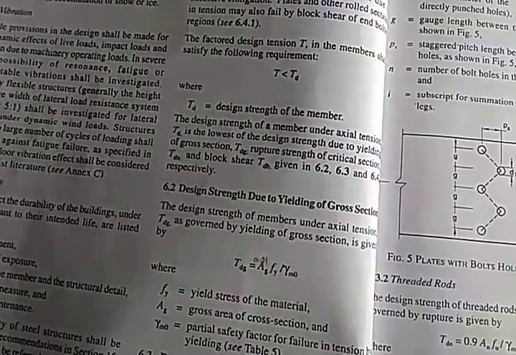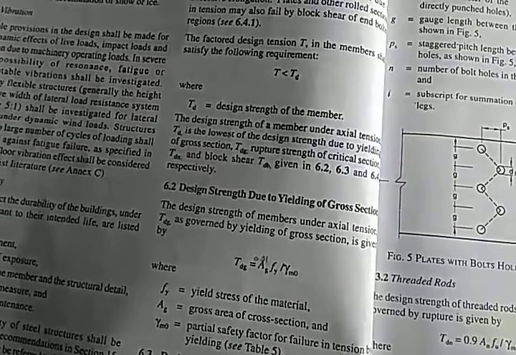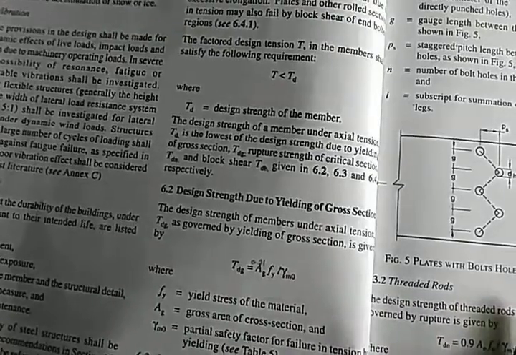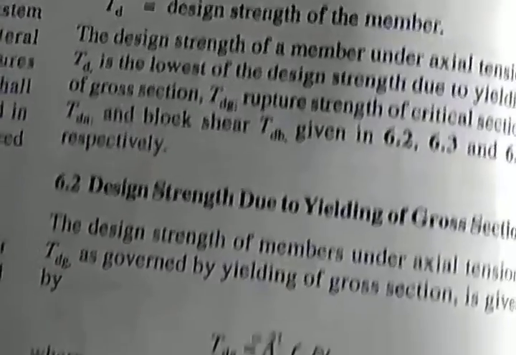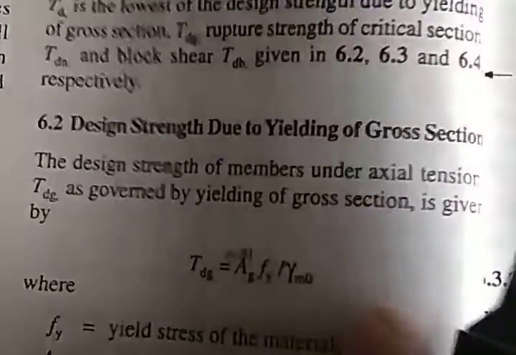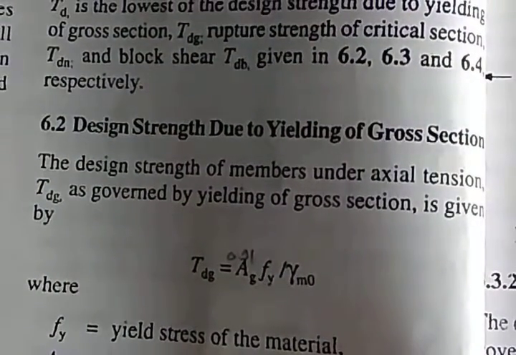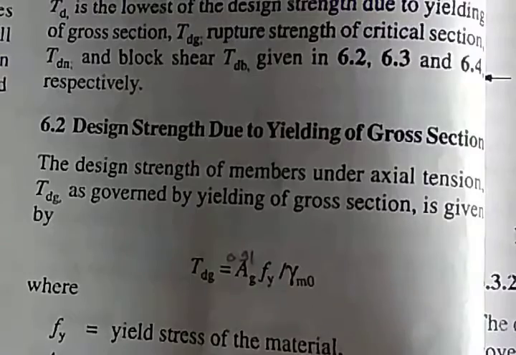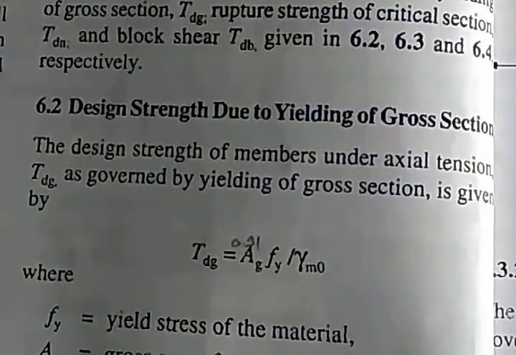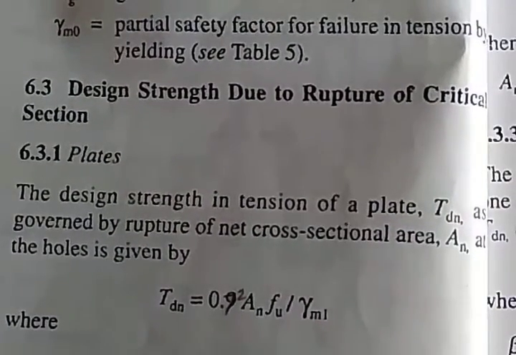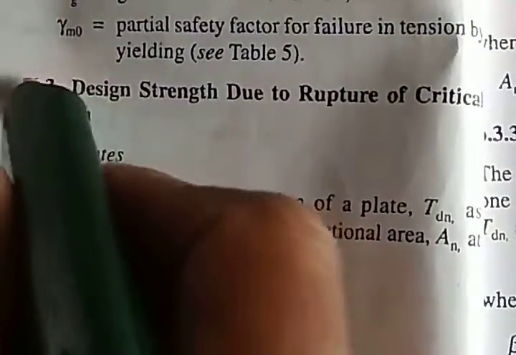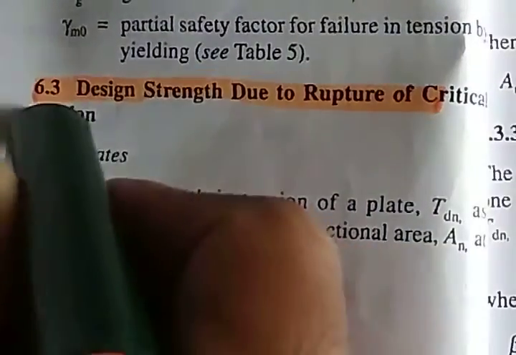So here we got it: design strength due to yielding of gross section, which is the first criteria, and then design strength due to rupture.